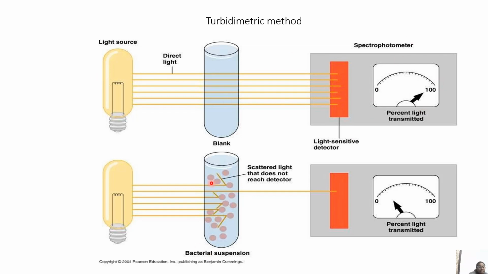Okay, but then if you have a bacterial suspension in this tube and your incident light encounters these bacterial cells, the light will be scattered. These are scattered light. These will not reach the detector. So only a little amount of light will reach the detector, and so your percentage of light transmitted will be much lower, right?